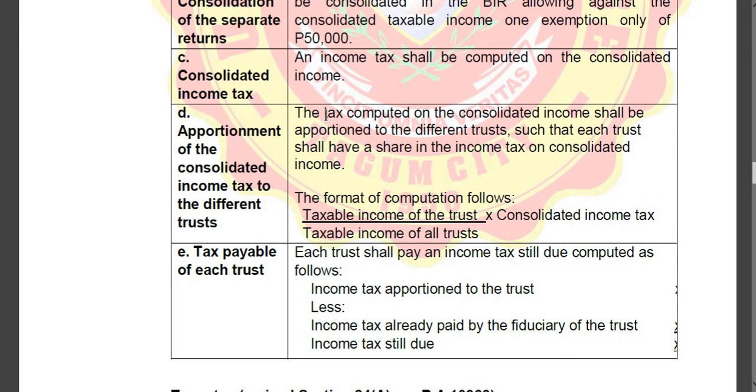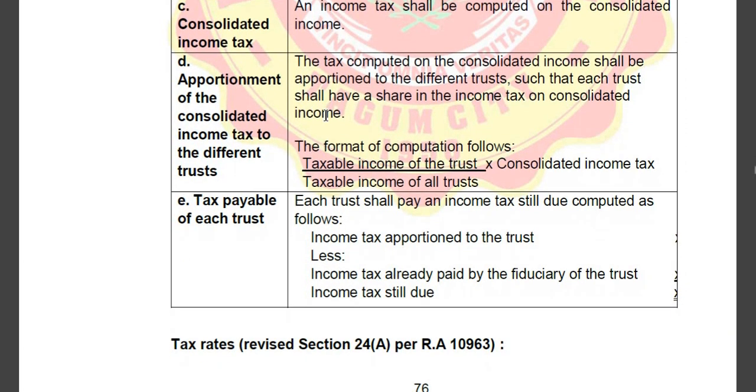So at the end of the taxable year, or upon filing, the gross income of all the trusts or estate of the same grantor will be consolidated to compute for a consolidated income tax.